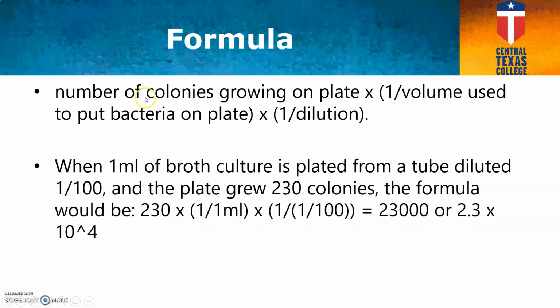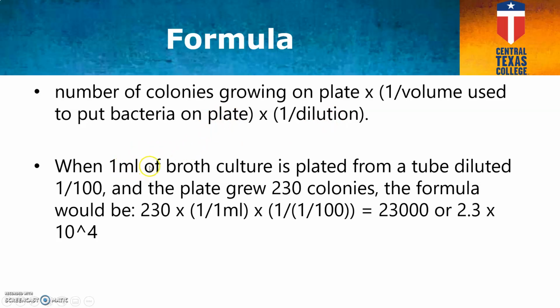And so the formula you're going to use to count the bacterial colonies is the number of colonies growing on the plate times 1 divided by the volume used to put bacteria on the plate times 1 over the dilution. So here's an example.